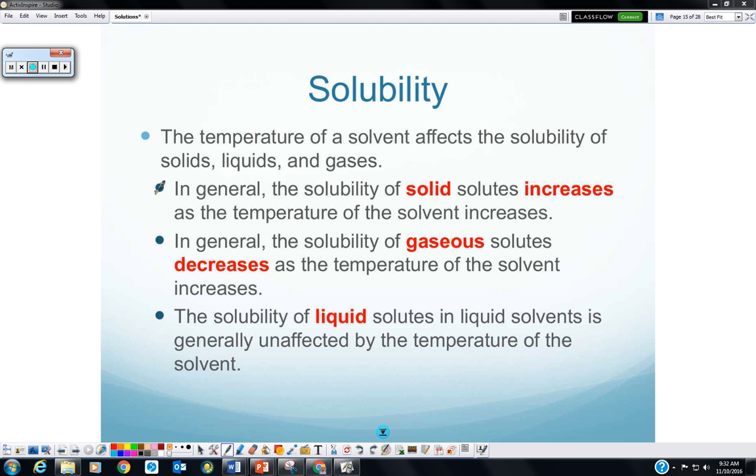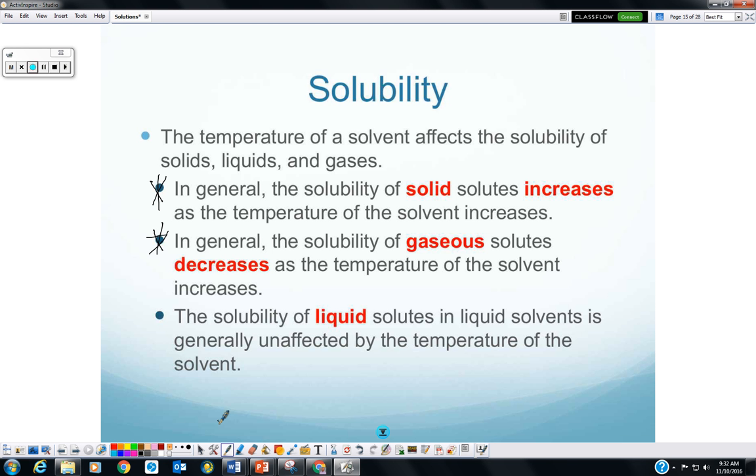All right. So these are the statements I want you to have. In general, the solubility of a solid solute increases as the temperature of the solvent increases. And then know this statement as well: in general, the solubility of a gaseous solute decreases as the temperature increases.